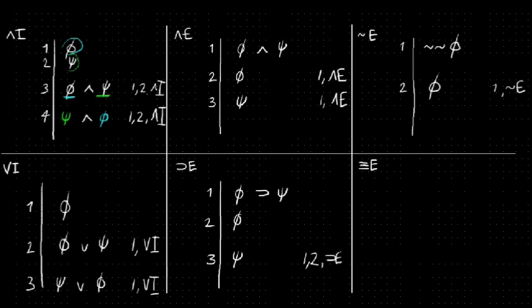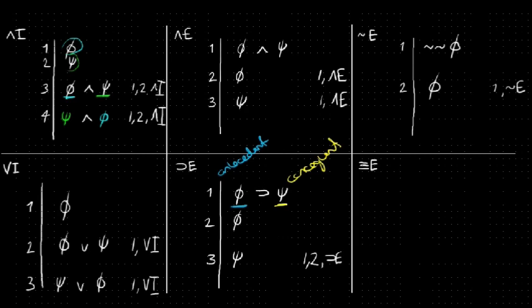So remember that every conditional statement is composed of an antecedent and a consequent. And a conditional statement is sometimes expressed as saying that this would be expressed as phi implies psi, right?